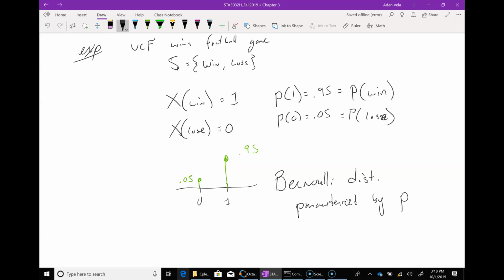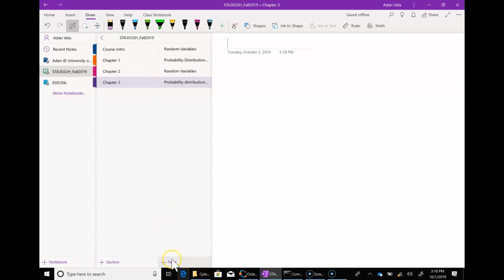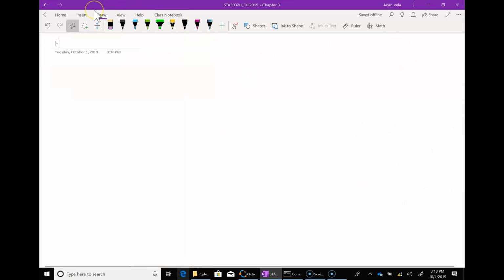Okay, and this sort of leads us into our next discussion, which has to do with family of distributions. What ends up happening is that we start to see the same distributions over and over again in science and mathematics and in engineering. And so it makes sense to represent them analytically where possible.